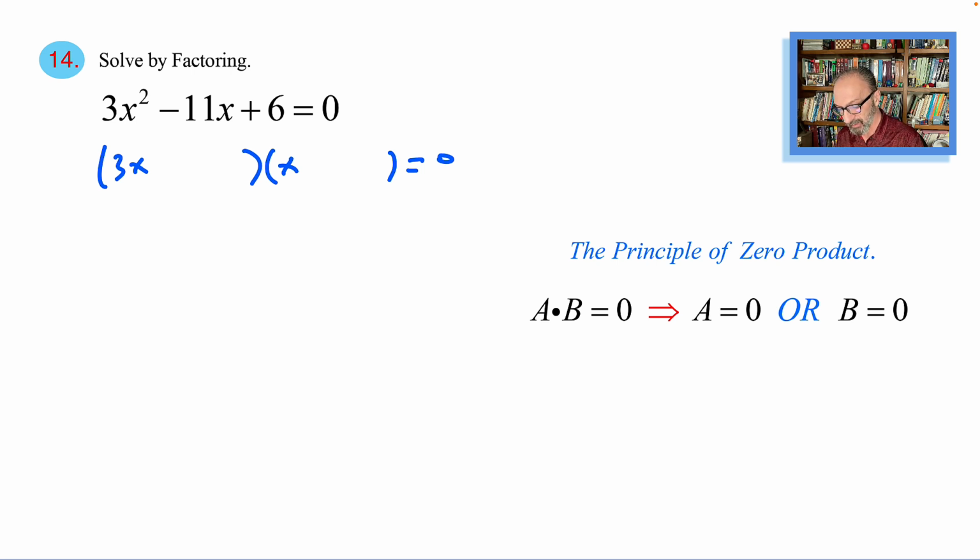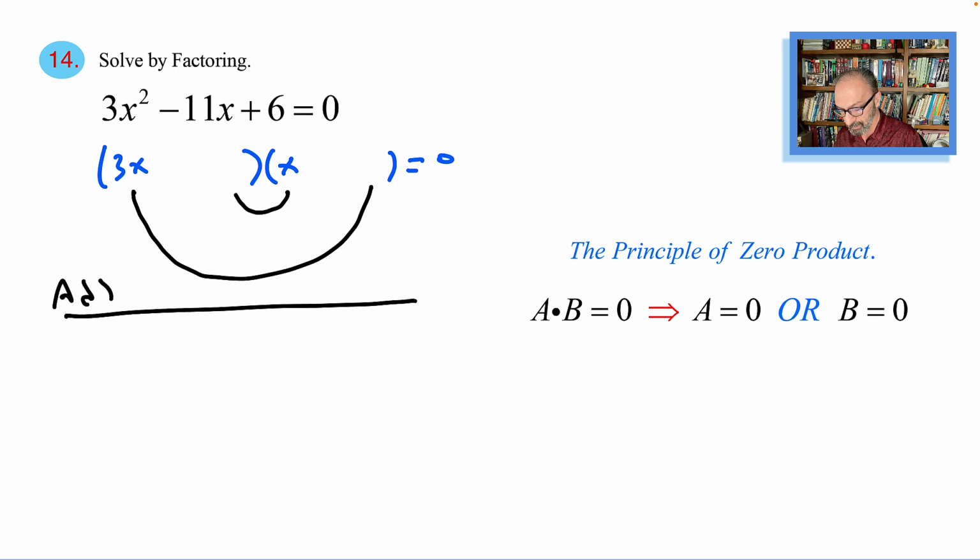But before I move on, I need to keep in mind that the inner part and the outer part will add up to what I want. And what I want is -11x. That should add up to -11x. So the right numbers should go 2 here and 3 here without the negative sign.